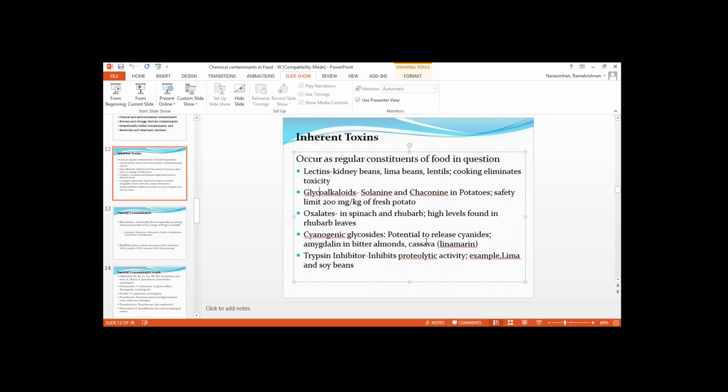The release of the cyanide group from these compounds occurs by enzymatic hydrolysis. Usually when the plant tissue is crushed or otherwise disrupted, the enzyme gets released, the enzyme acts on the glycoside and releases cyanide, then it becomes a poison. But it can also occur in the digestive system after the food has been eaten.